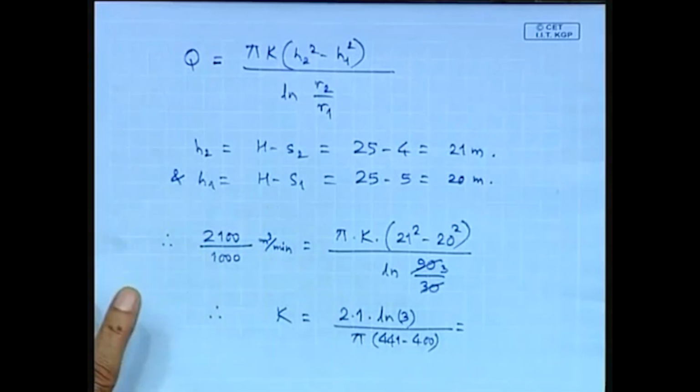Let me use the calculator here. It is 2.1 into ln of 3 divided by pi into 41.